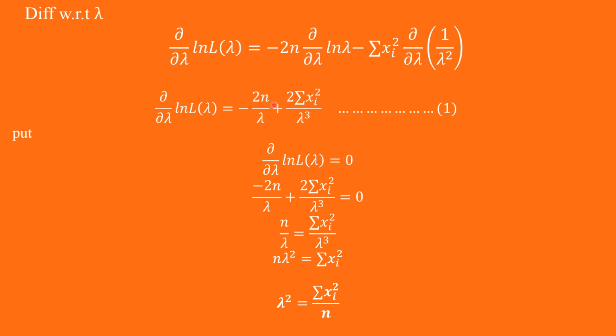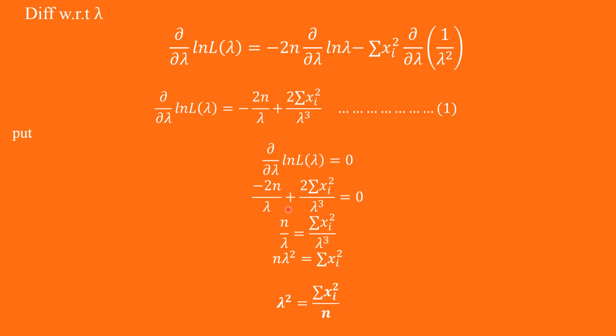We have minus 2n over lambda, and the derivative of 1 over lambda square will be minus 2 over lambda cube. This negative and negative from the derivative will become positive. So we have 2 summation xi square over lambda cube. Now putting this equal to 0, we get minus 2n over lambda plus 2 summation xi square over lambda cube is equal to 0.